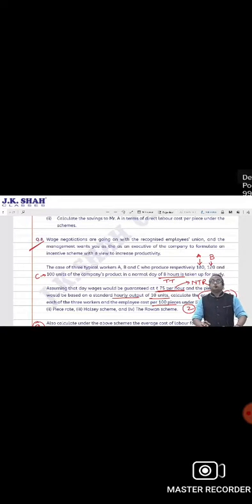If I'm going for piece rate system, you all know how to get the piece rate. Hourly production will be equated with hourly rate to get the piece rate.